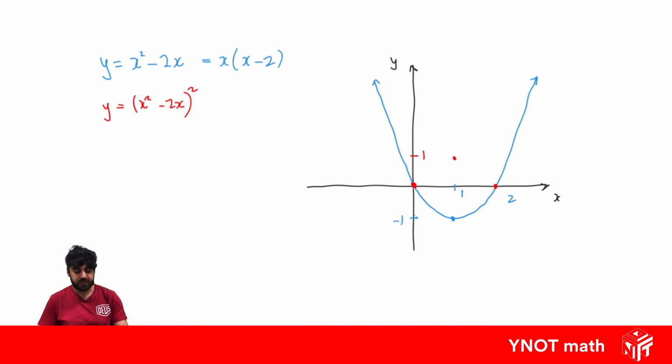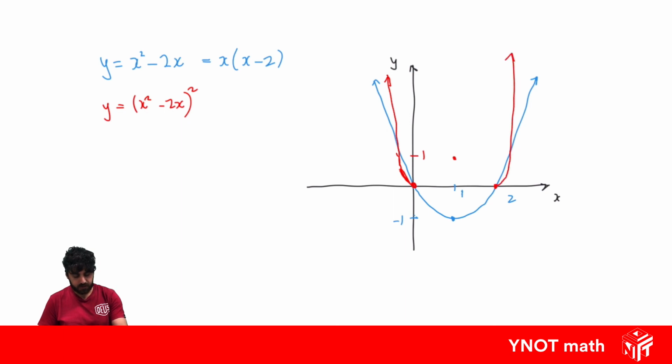And same with these values, these initial values here, up until we get to 1. When we square them, we're getting smaller values, so we need to be below the curve. But once we get past 1, we start getting bigger values. So it needs to start going above the curve. And the same thing will happen over here.